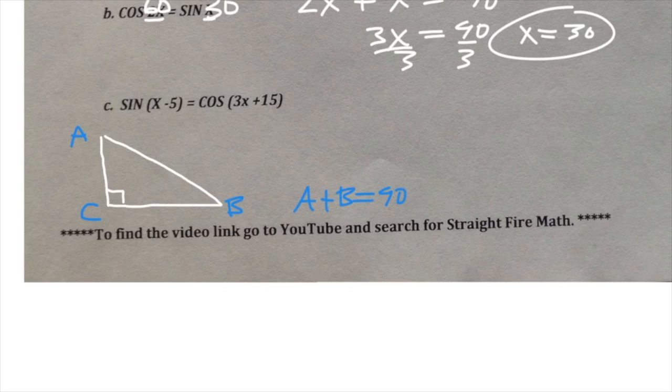Yep, because angle C has to be 90 and all of them have to add up to 180. If you figured out the sine of angle A, let me put some numbers here. We'll just do 5, 12, and 13.